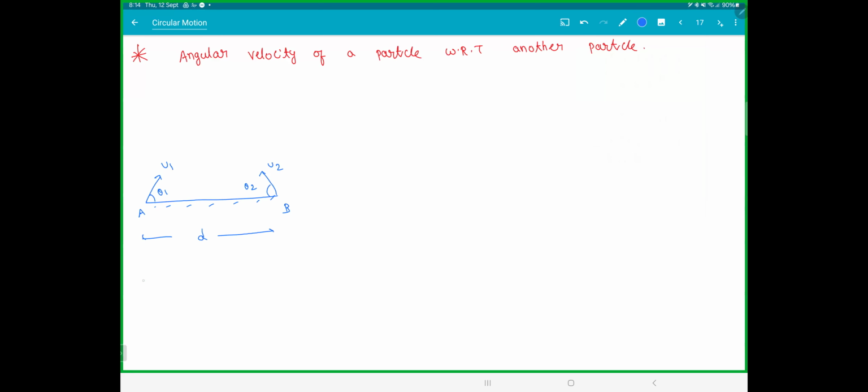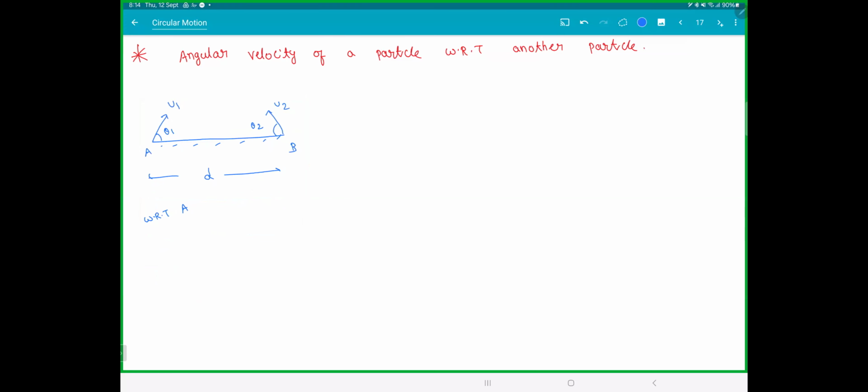So first let's stop A. If I stop A, what A will think, okay, I came to rest. This point B is going with velocity u2 sine theta 2 minus u1 sine theta 1.